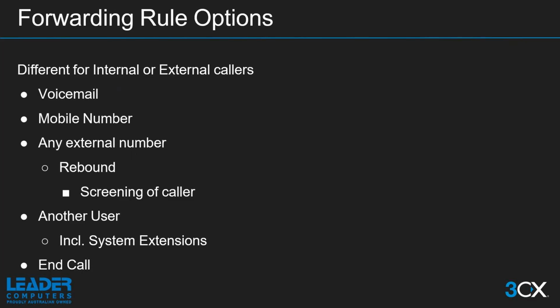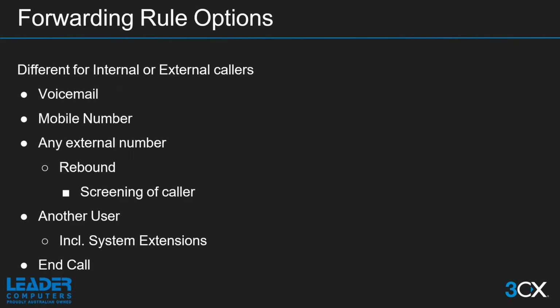Let's say your customer is a manager or an MD of an organization, and when they set themselves to away or when they're on a break, they don't want to take any external calls, all external calls need to go to voicemail, but they still want to answer internal calls. 3CX has that option.